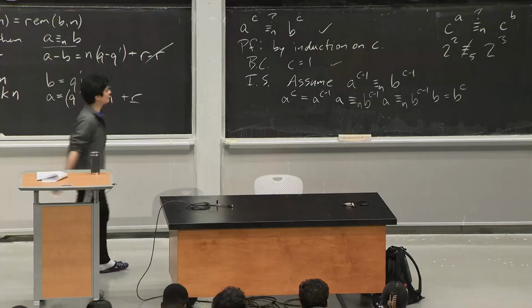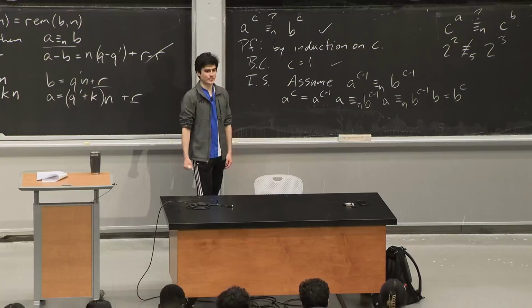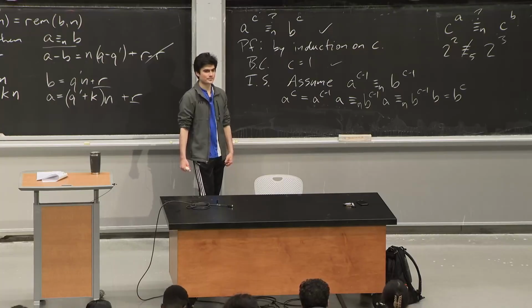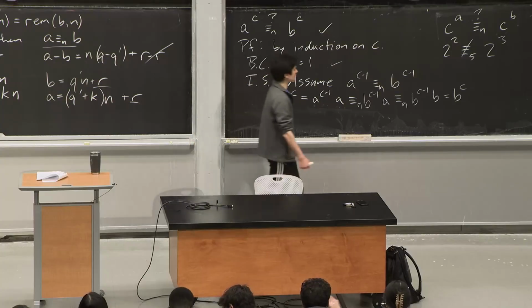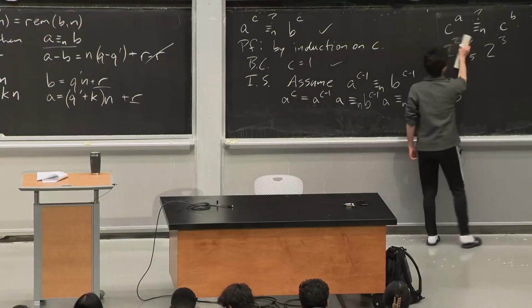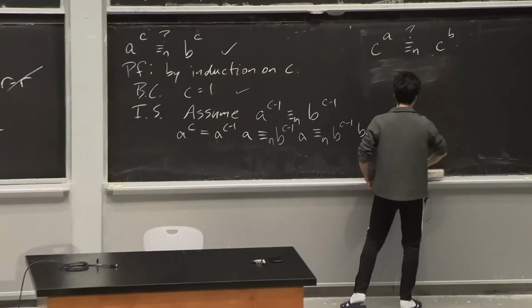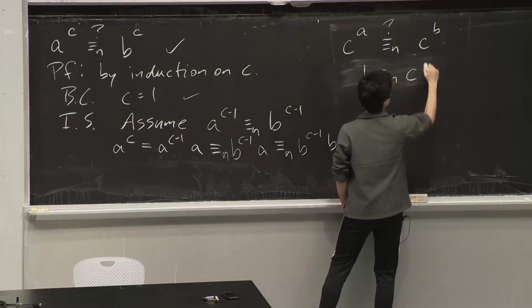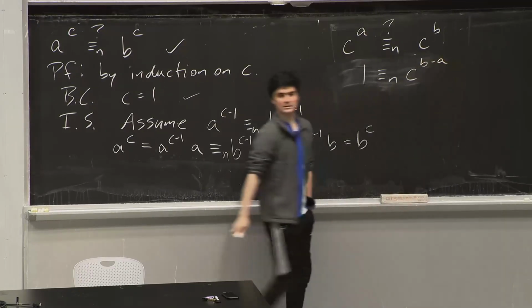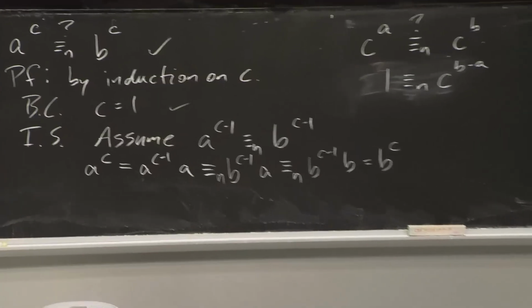I suppose, say A is smaller than B, we could strip off A of them, and then whatever's left over, if that's true, then we know the whole thing is true. Okay, so you want to divide out a bunch of factors of C until we get something like this? How do you divide mod n?